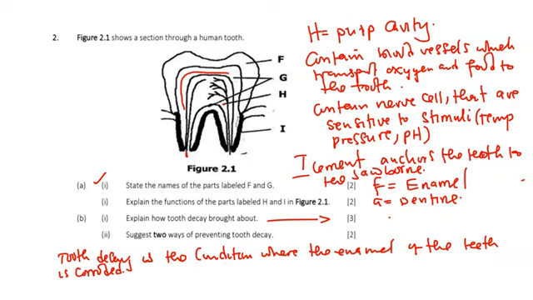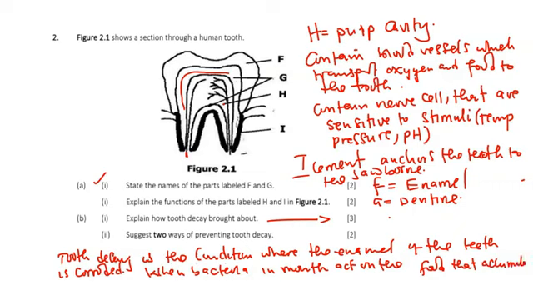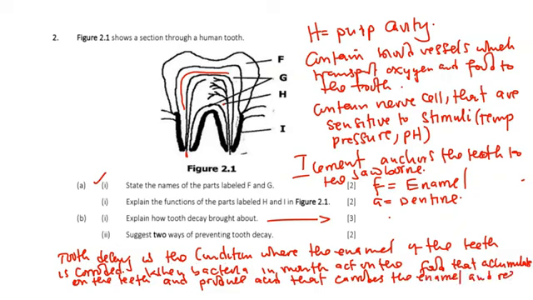So tooth decay occurs when bacteria in the mouth act on the food that accumulates on the teeth and produce acid that erodes or corrodes the enamel, and results into cavities.